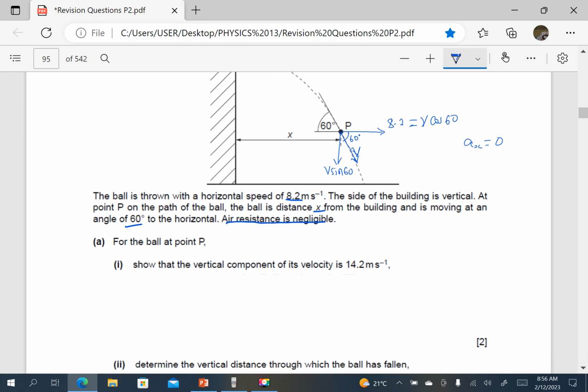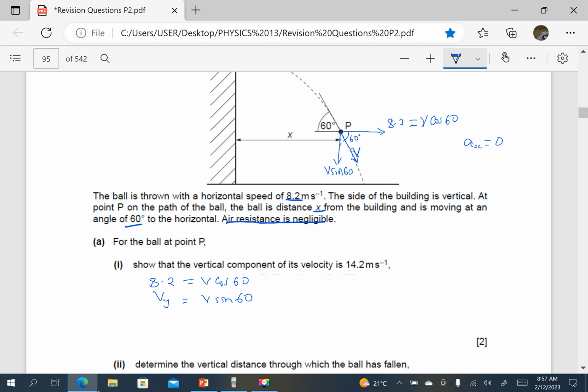So we have seen that in the horizontal, the horizontal velocity 8.2 is equal to V cos 60. Then the vertical velocity, I'll call it Vy, is going to be equal to V sine 60.